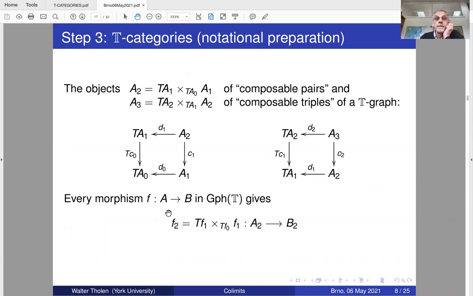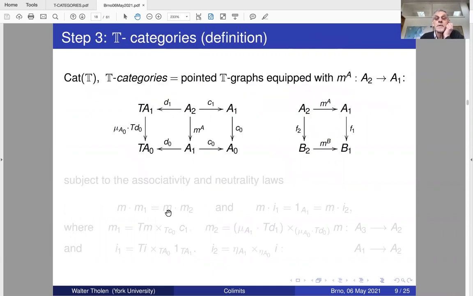With this at hand, you can say what a T-category is. A T-category is a pointed T-graph that in addition has a multiplication or composition morphism going from the object of composable pairs to the object of morphisms.